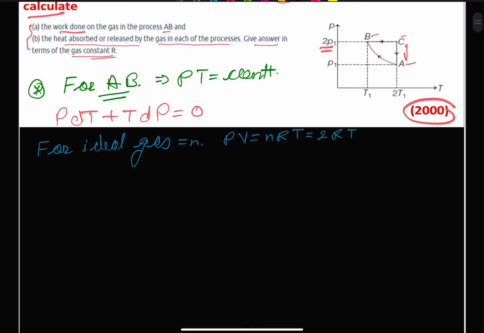So we can write this as PV is equal to 2RT. And we are also going to do differentiation of this equation. So this is going to give us P dV plus V dP is equal to 2R, which is our constant, times dT.